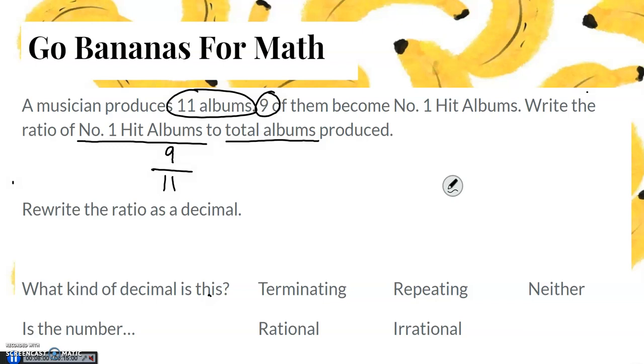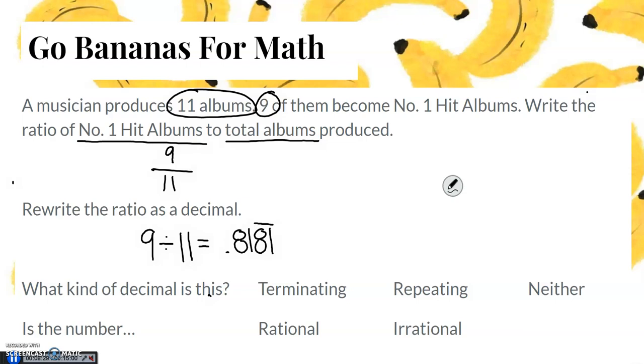9/11. Okay, so now we're going to write as a decimal. So we take that top, we divide it by 11. 9 divided by 11 equals 0.81. And you will see a bunch of 81s, which means it is repeating.